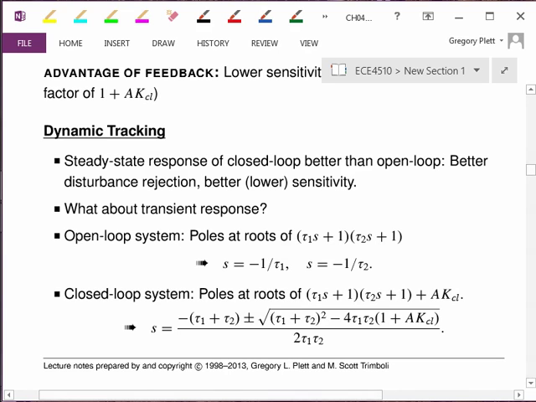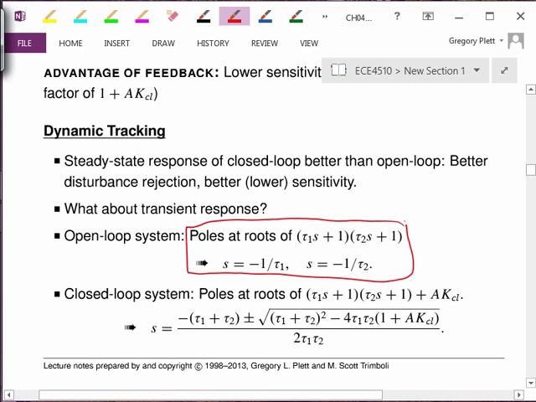The open loop system, we noticed, had poles in the transfer function at roots of that equation, tau 1s plus 1 times tau 2s plus 1, and those are at minus 1 over tau 1 and minus 1 over tau 2. The open loop system did nothing. Those were the original poles of the motor, so if the motor was not as fast as we wanted it to be, then, well, it's still the same slow motor.